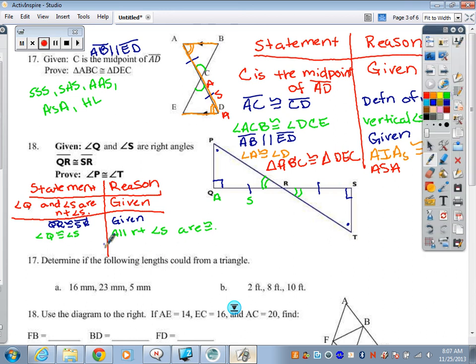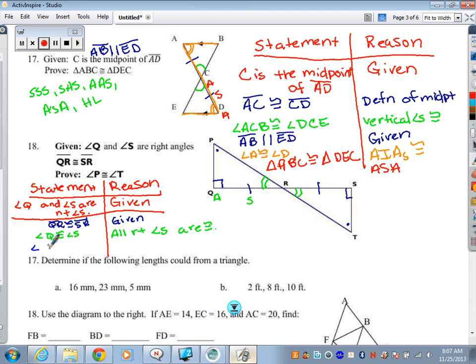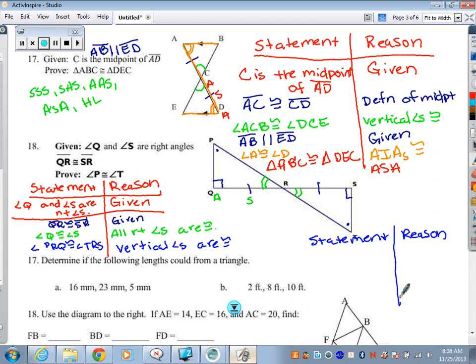Why? So angle PRQ is congruent to angle TRS. Vertical angles are congruent. So we can finish this one. Statement, reason. Next step.